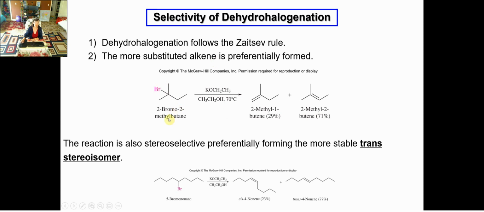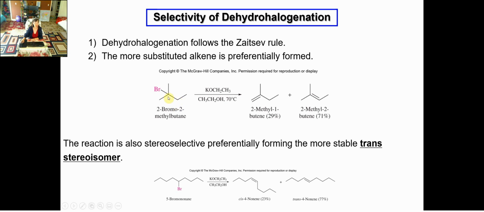For example, if I have 2-bromo-2-methylbutane, you are going to remove a hydrogen from a beta carbon. This is my alpha carbon, beta carbon 1, beta carbon 2, they are the same, and beta carbon 3.